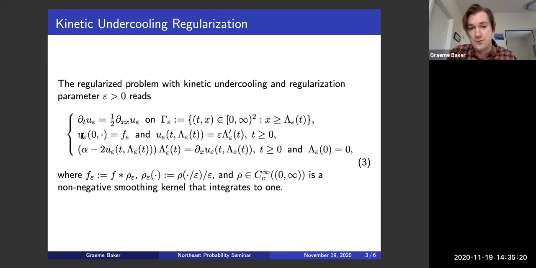We're going to regularize the initial condition as well, and this is just technical, and we'll take the smoothing kernel to the Dirac as epsilon goes to 0. We've replaced the equilibrium condition here with this, which is the kinetic undercooling condition. This is kind of the key to our work.